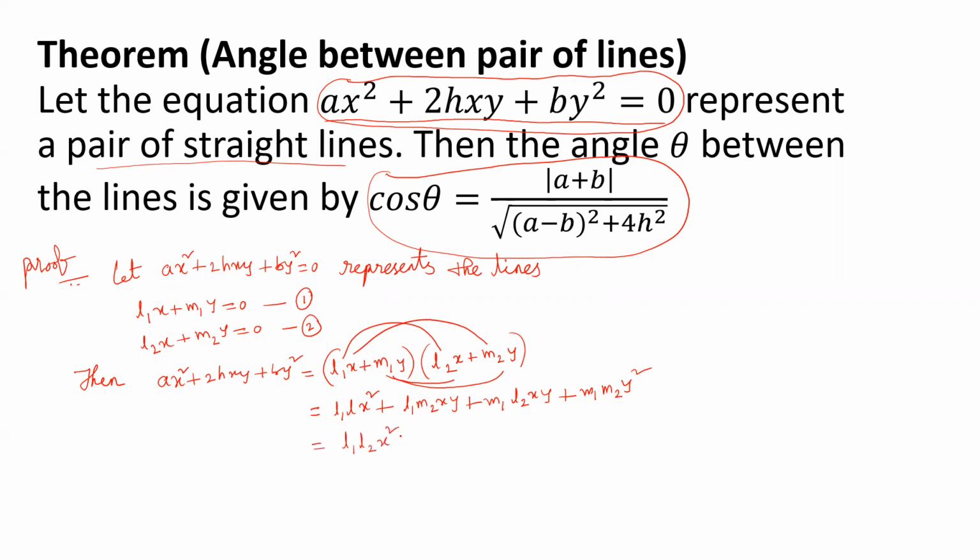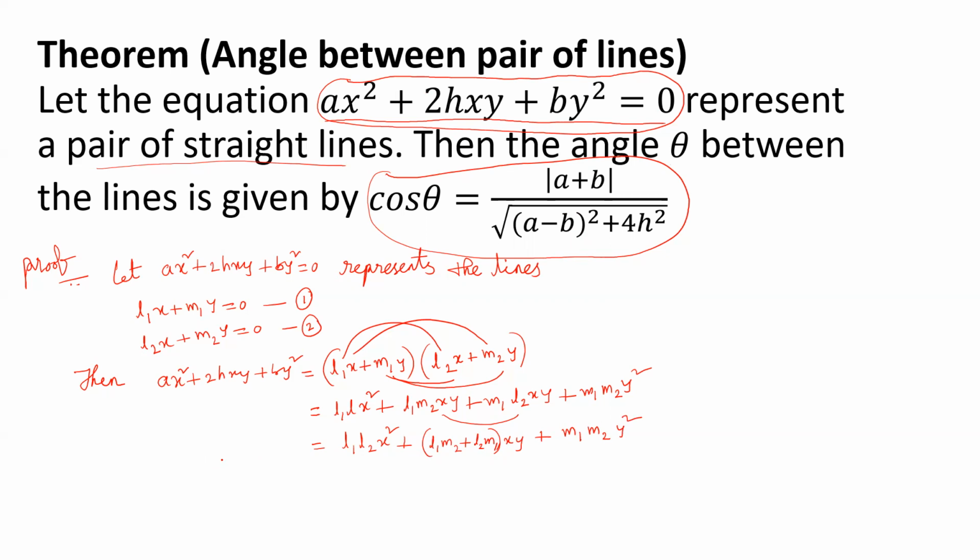L1 L2x square plus in the middle two terms xy is common. Let us take xy out. And still we are having L1 M2 plus L2 M1 will be remaining. Plus last term M1 M2 y square.